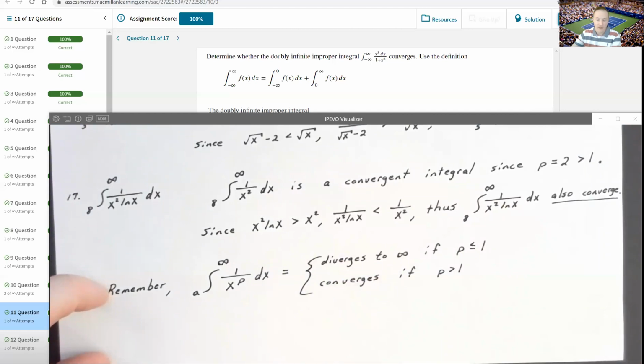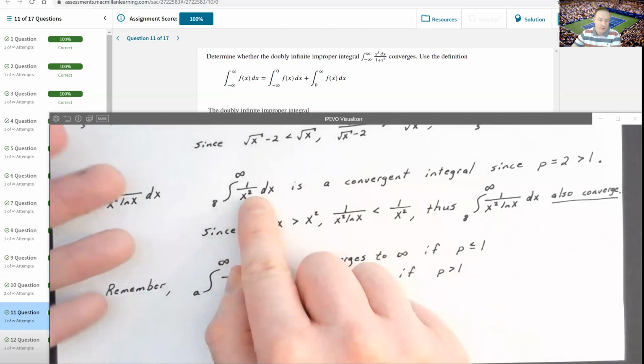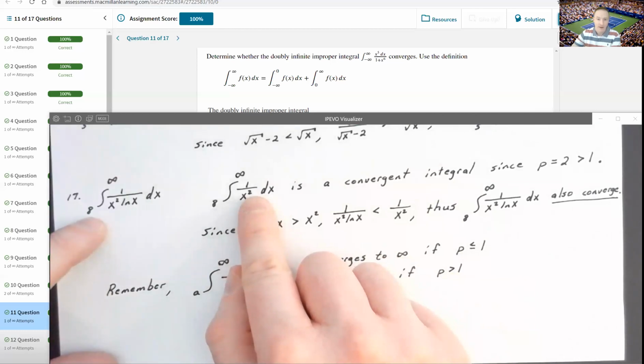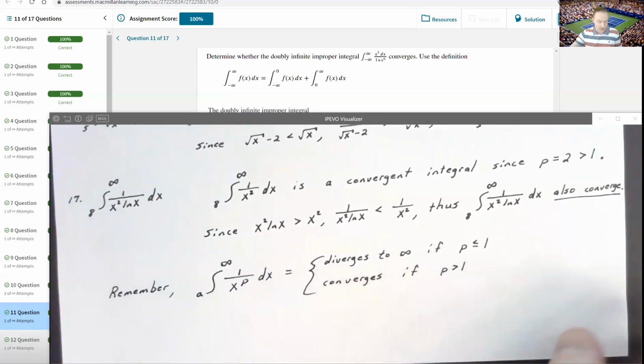And then you'll be evaluating infinity to the 1/2 power, which is infinity. It would still diverge. You have to have that power be greater than 1 in order for the variable to stay in the denominator. Something like 1 over x squared, we know that's going to integrate to x to the negative 1 divided by negative 1, so negative 1 over x. You evaluate that at infinity, your number is going to 0. It will converge. That's why it always converges anytime the degree of the denominator is more than 1 greater than the degree of the numerator.